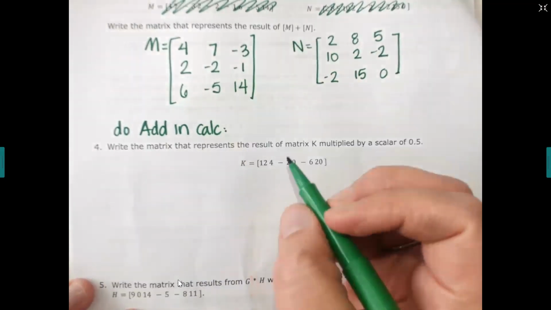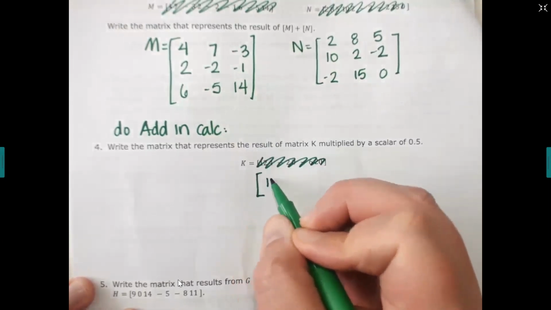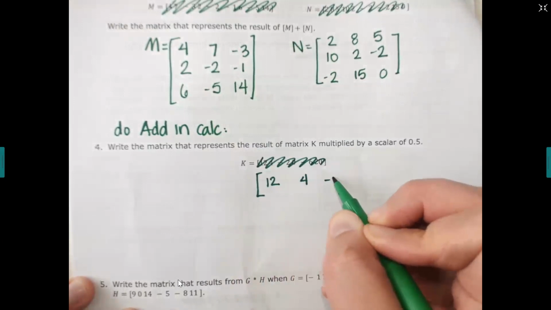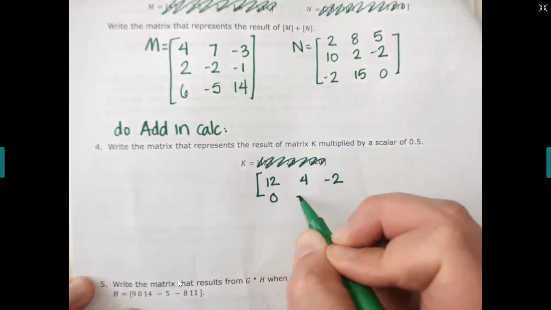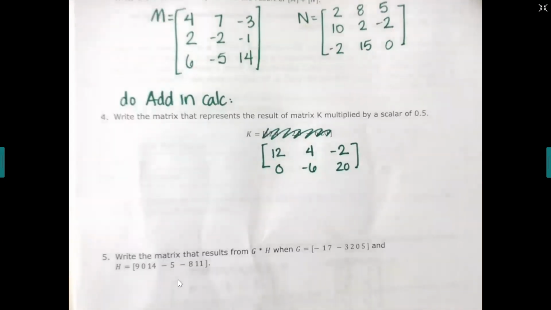All right, now take a look at number 4. Your matrix K should say this: 12, 4, -2, 0, -6, 20. For that one, it was asking you to add. What is this one asking you to do? Multiply by what? 0.5, very good.